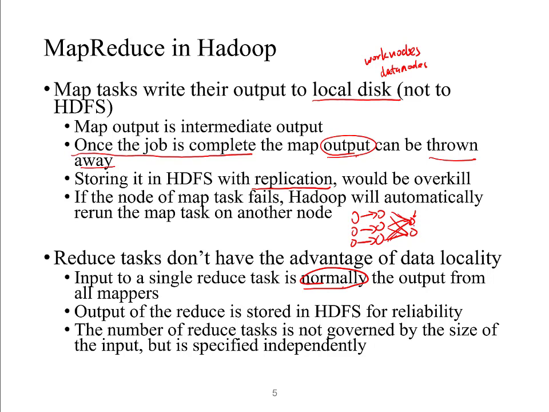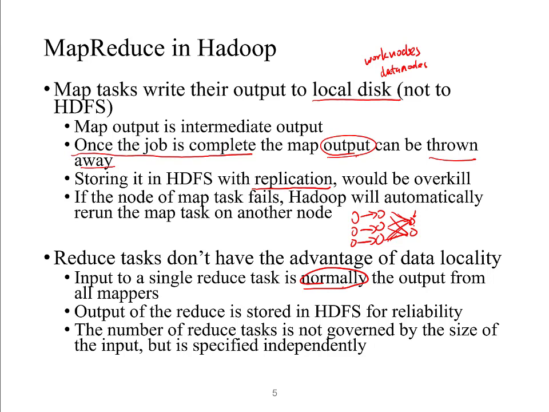So in this case, it doesn't matter whether the reducer has part of the data or not, because for one, the data has already been mapped, so it's not the original data. For two, the data comes from different map nodes. So the reduce tasks cannot benefit from data locality.